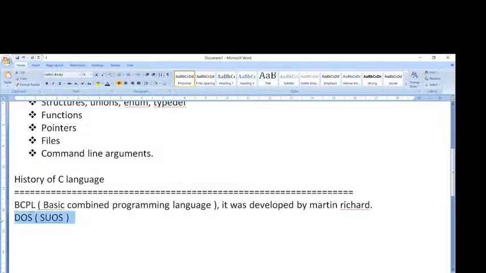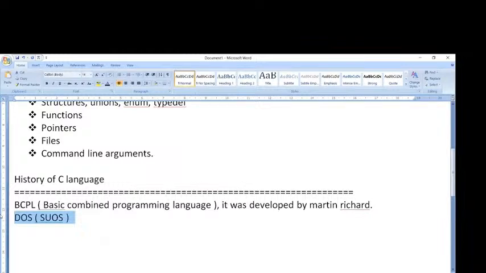Multiple users cannot use this operating system. A single user operating system is less sufficient for multiple users, so they needed to develop a multi-user operating system.